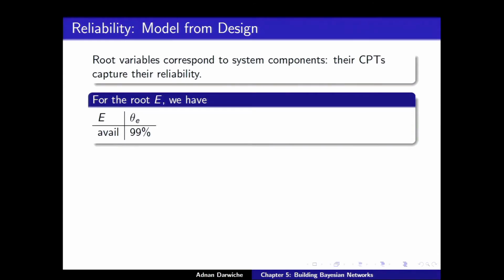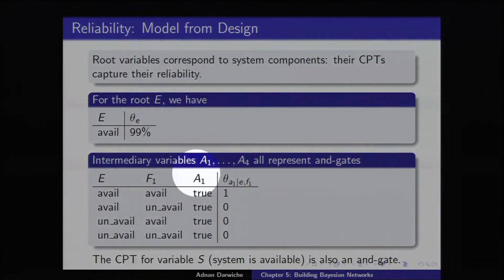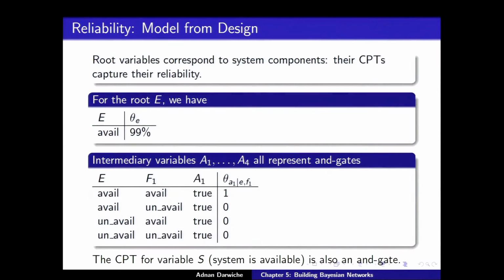You realize in the CPTs I'm going to show you now, I'm only going to show the independent rows, right? So in this case, you'll also have another row that says not available, but that's just 1%, 1 minus 99. Now, for the AND gates, as we know by now, there's going to be 0 and 1, right? So this is basically saying I need both of these guys to be available. That's 1. Otherwise, it's 0. And I have something similar for the OR nodes, and that's basically it.